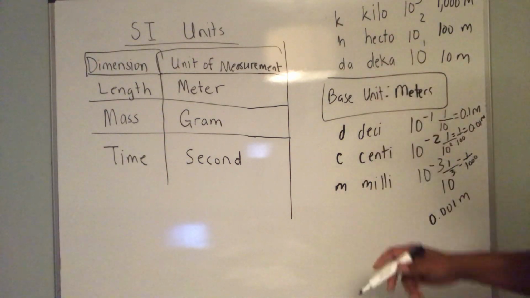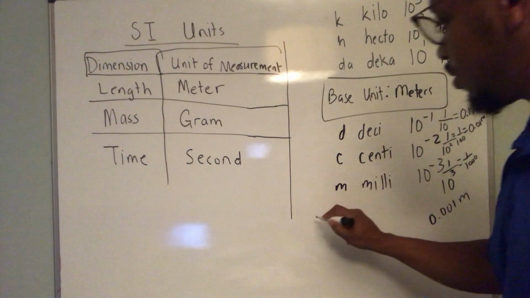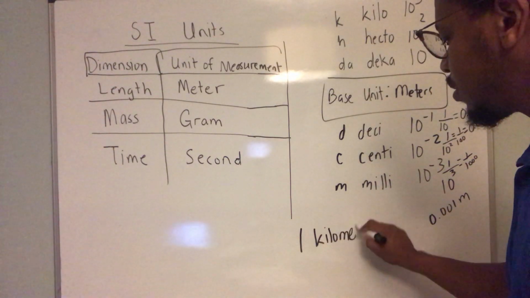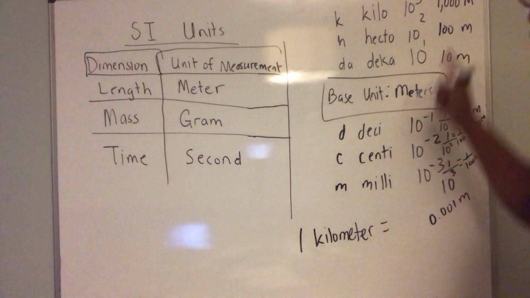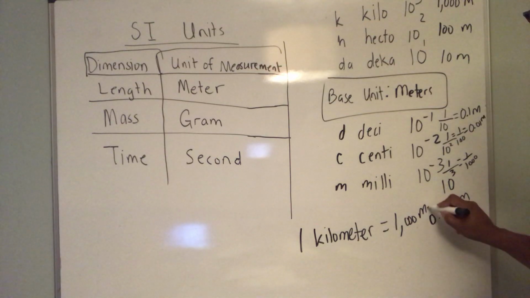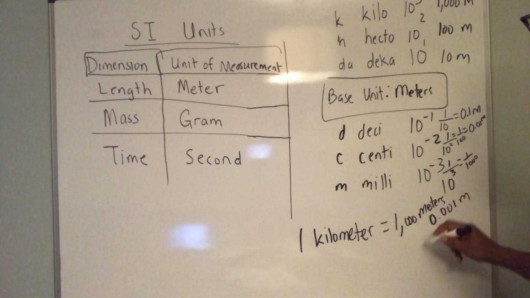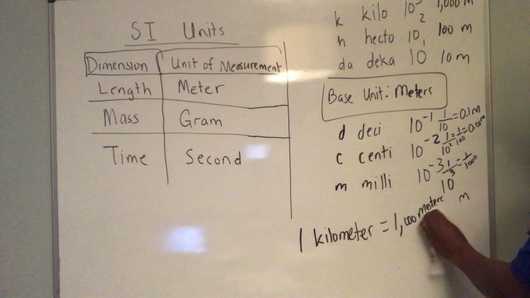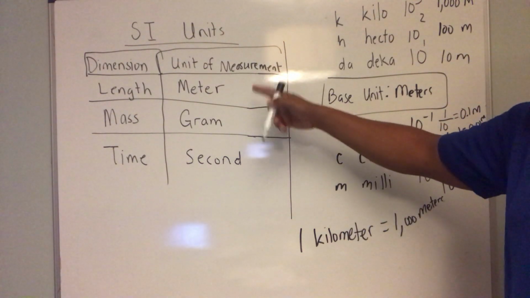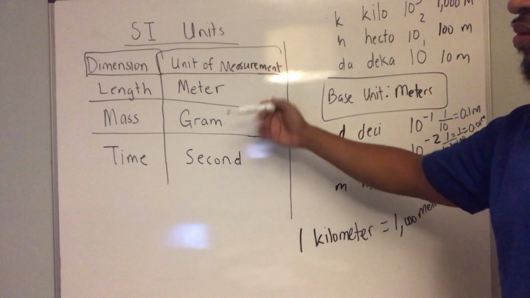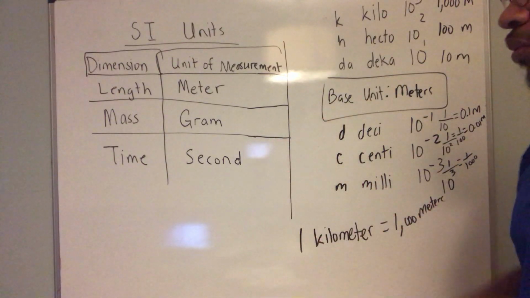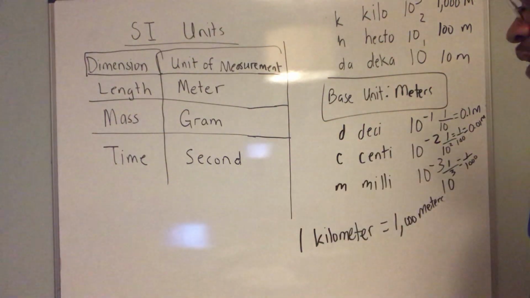So let's just review. 1 kilometer, this is just an example, equals how many meters? 1,000 meters. Remember, this works the same for all of the units of measurement that we're going to deal with in the SI system.